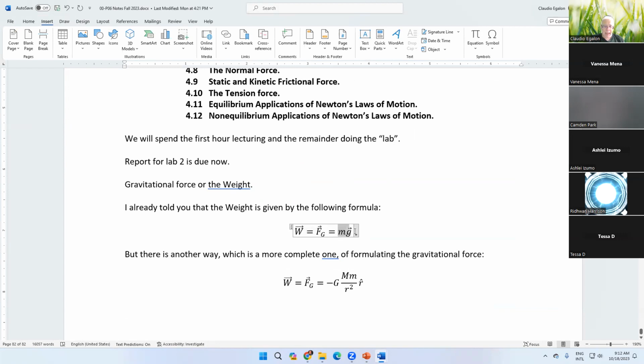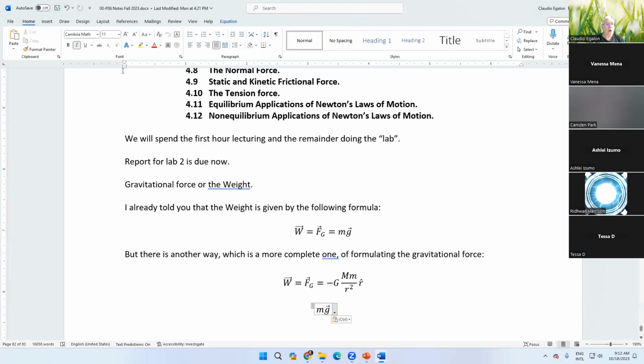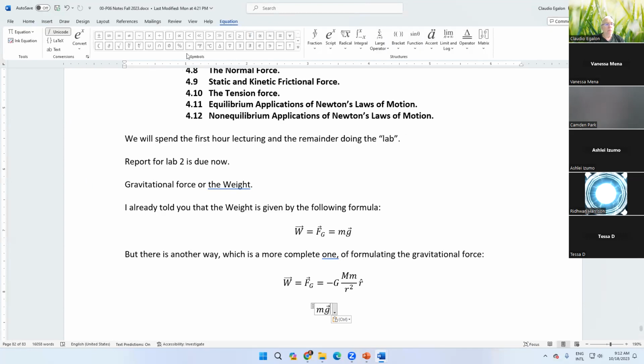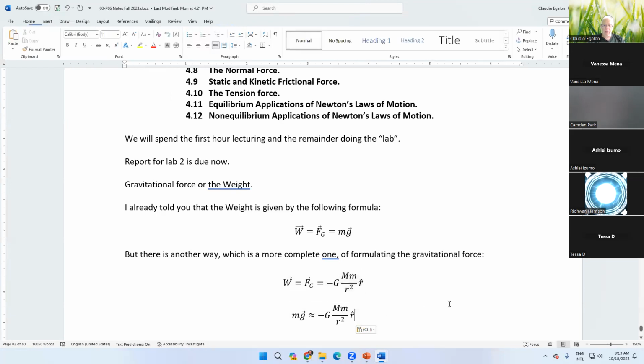So what we have here is just an approximation, and I'm going to write it down, of this more generic equation.